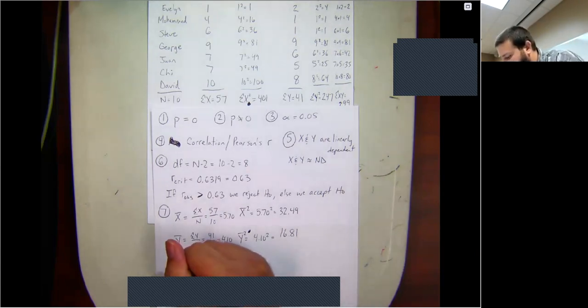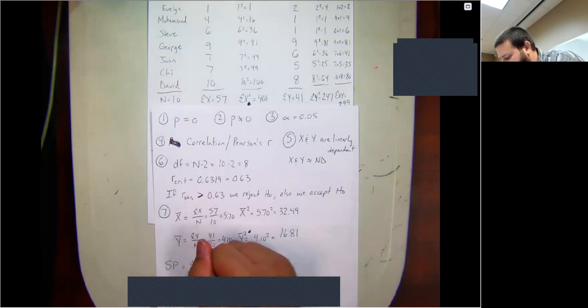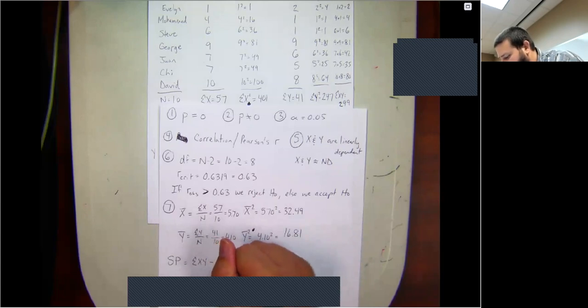Because correlation is based on three values: SP, SSX, and SSY. SP is equal to the sum of x times y minus n times x bar times y bar.